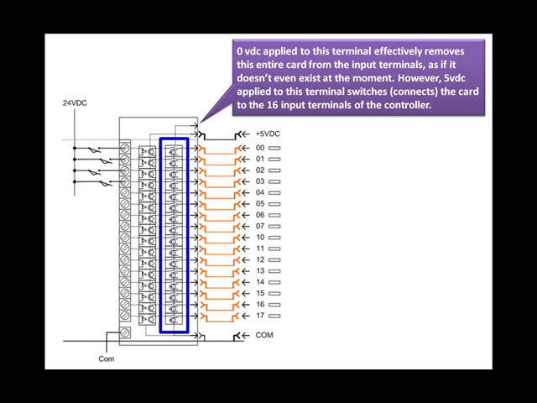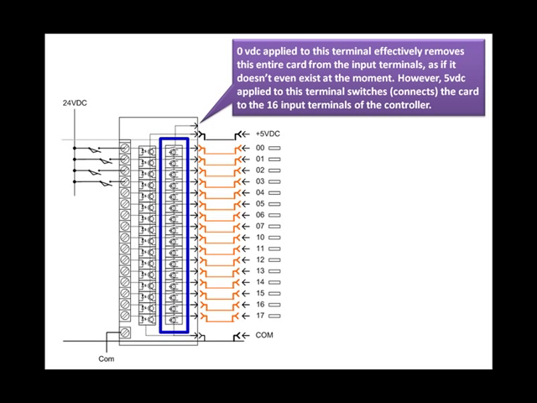This digital signal, 0 volts DC or 5 volts DC, when applied to this unconnected terminal, effectively by means of this bank of 16 solid-state switches, connects or disconnects the entire array of inputs. If that bank of 16 switches is turned off, then all 16 of the inputs are completely removed from the orange conductors that represent the plane, the back plane or the bus of the controller.